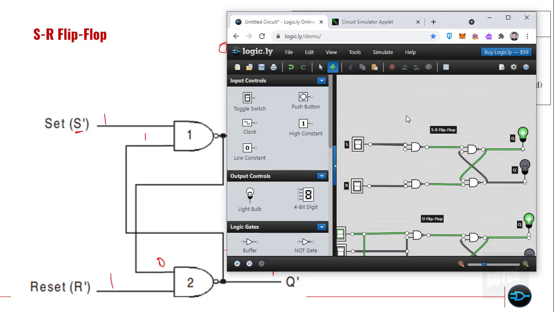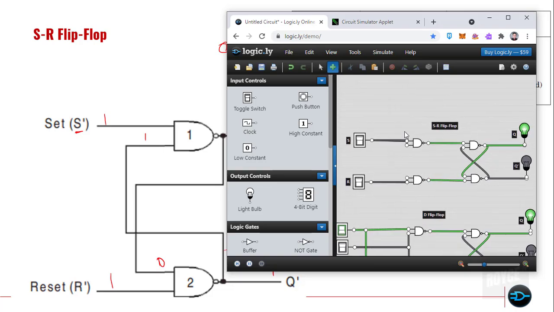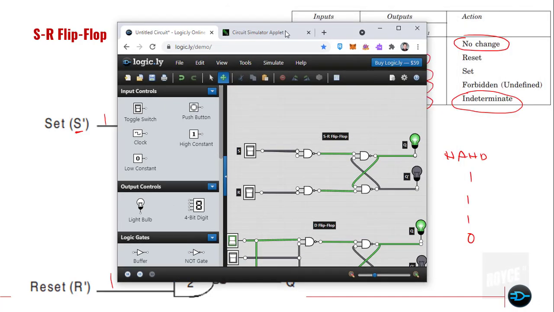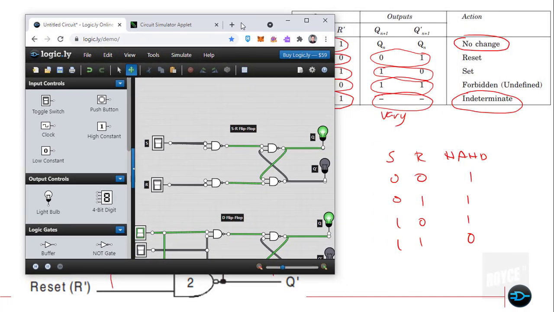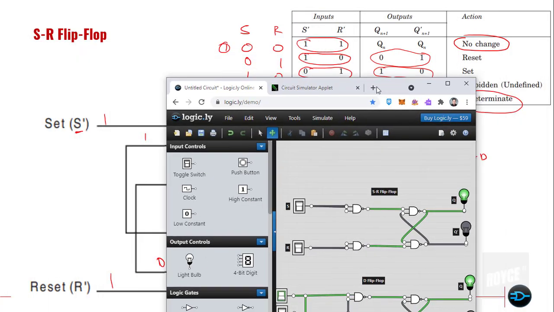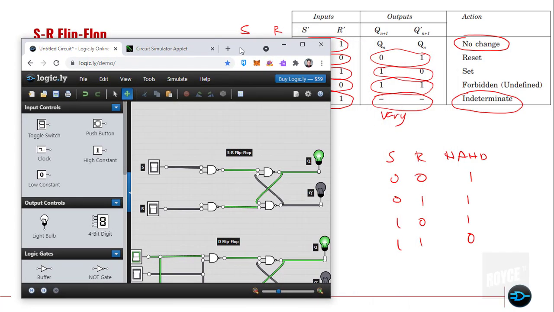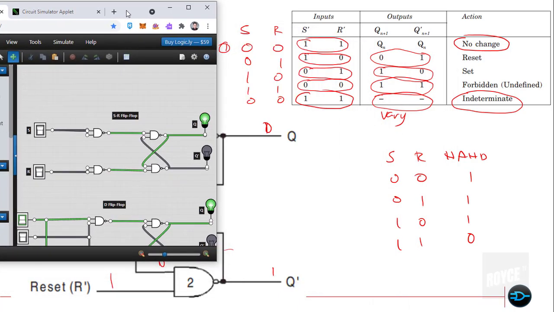So this is actually an SR flip-flop. So we can check this. What would happen if, ayan, ito nang susundin natin, 0, 0, 0, 1, 1, 0, 1, 1.